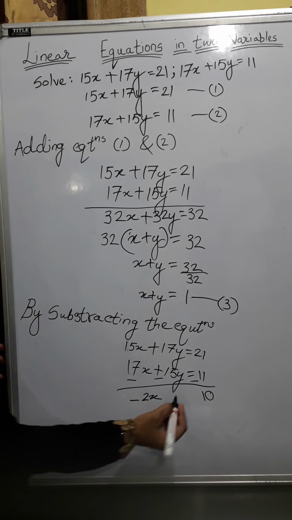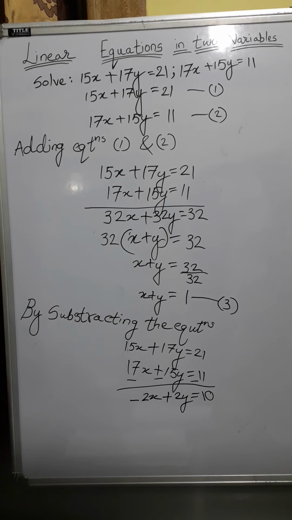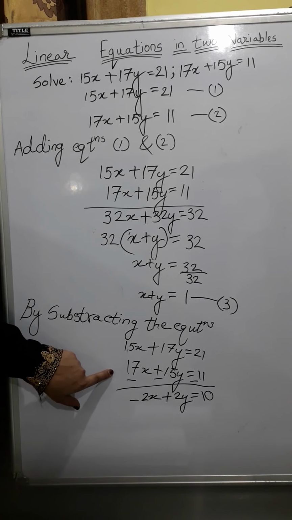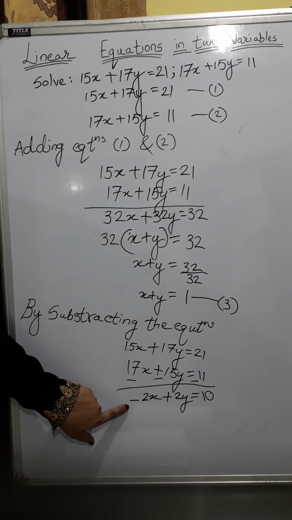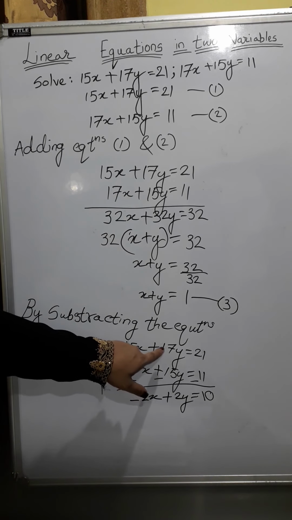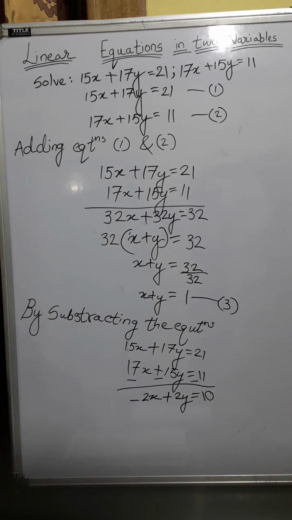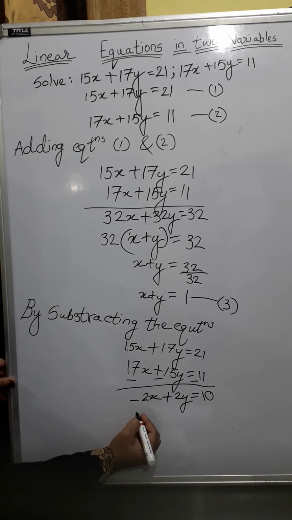And what will be this? Plus 2y, because the greater number here is 17. So the sign of the greater number is minus, that is negative. Here the greater number is 17 again, so the sign of that number is positive. We have to give it a positive sign. Now again here, we can take one number as common, so that is 2.